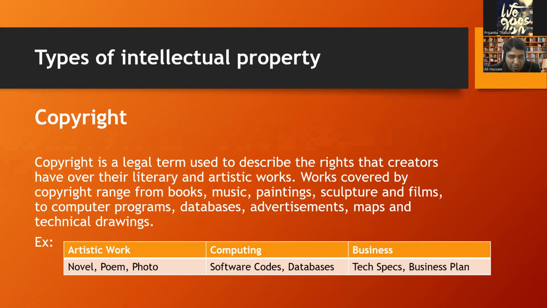In case of technology, all the software which we produce comes under copyright in Indian laws. Whereas in US laws, it comes under patents, but in India, software is under copyright. So all the coders, if you want to protect your coding, that comes under copyright.